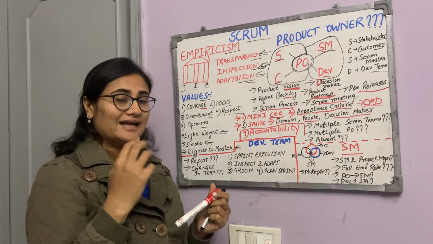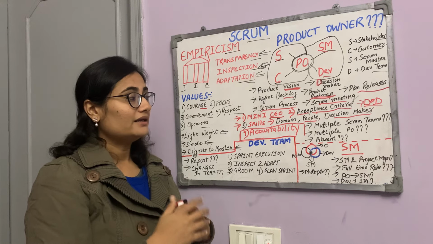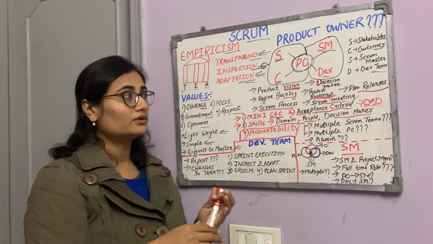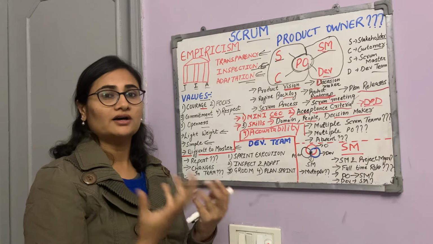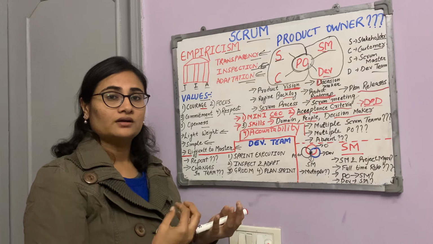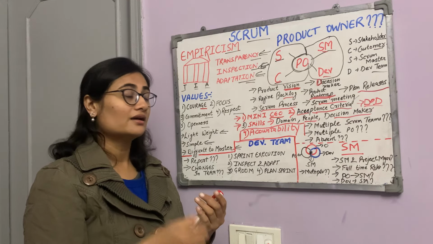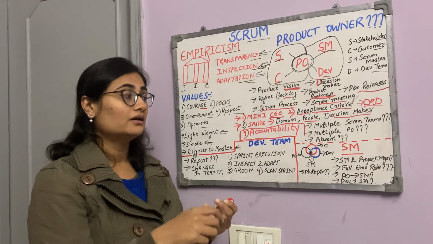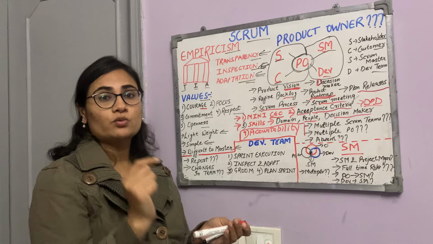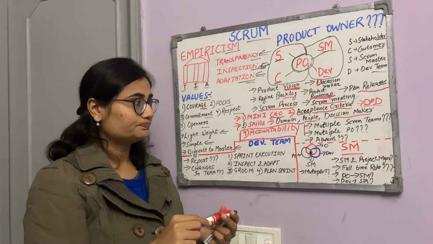So that is why it is a very, very crucial role. He is the one setting the direction of the product. He is the one who is helping the development team refine those user stories and clear the requirements of the product. Ultimately, whatever the product comes out to be is also the responsibility and accountability of the product owner.